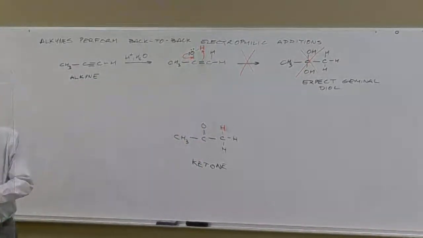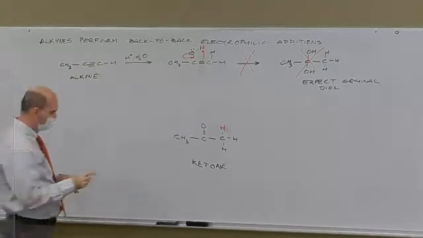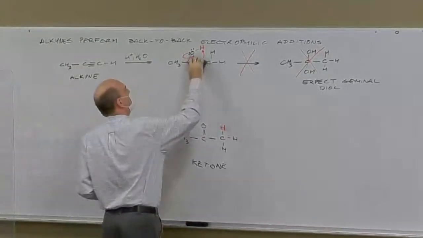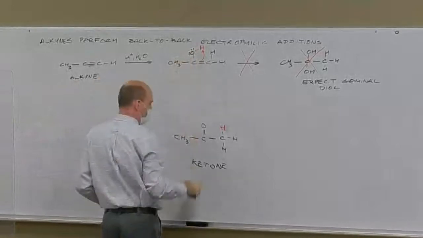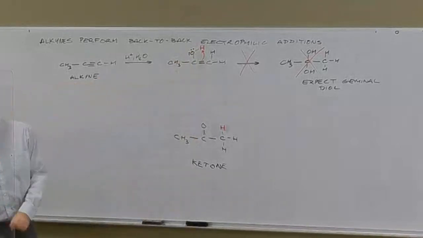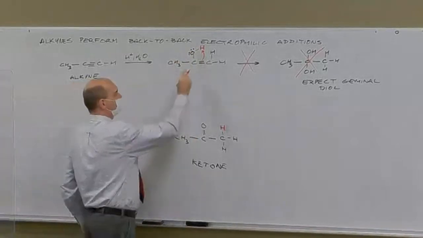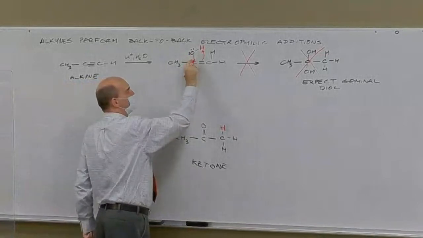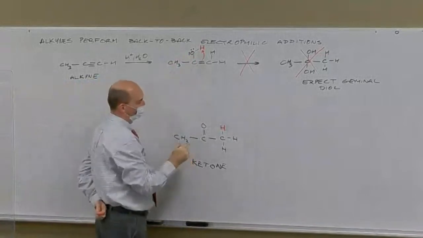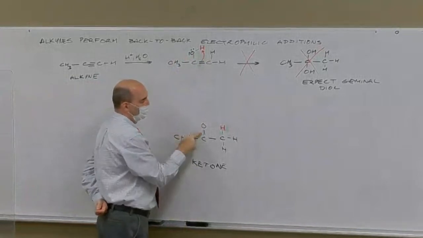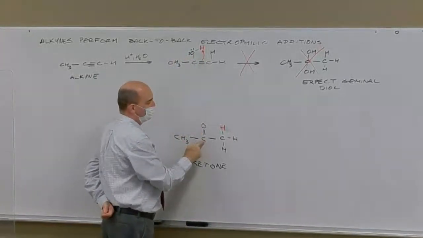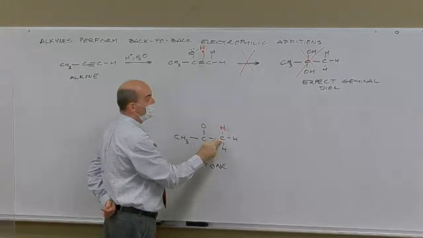You know what? Let me do that differently, because doing that description actually requires another arrow. I can do it simpler than that. Here's an oxygen. It has a double bond to a carbon. That carbon has a single bond to this carbon.